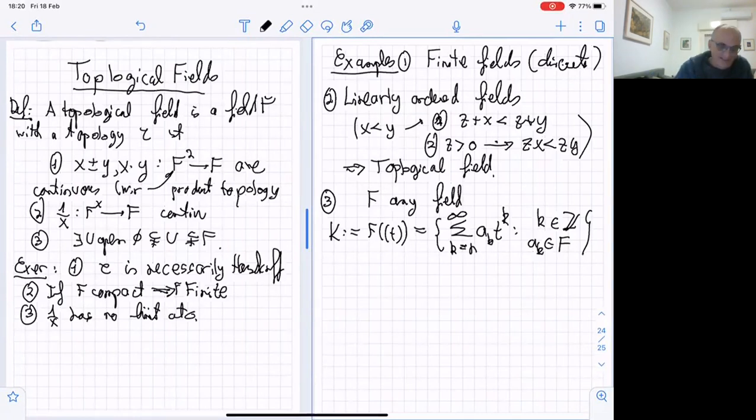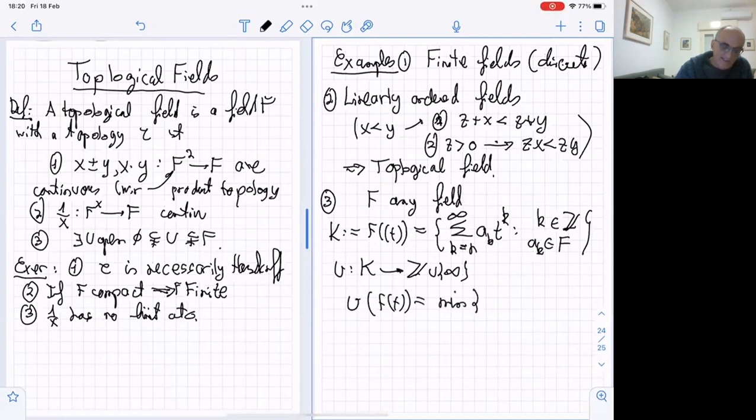Thank you. Sure. And then, of course, as I think most of you know, we have valuation taking values in Z union infinity, and the valuation of an element is the first k such that a_k is non-zero. So you get a value, and then V of 0 is plus infinity.